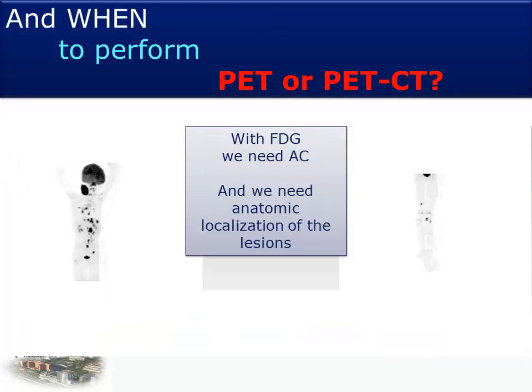Well, and what about the PET or the PET-CT? For FDG, we need the attenuation correction, and we also need to localize the anatomy of the lesions very well. For this reason, for the PET FDG, we need to perform a CT, as mentioned this morning, and this CT can be diagnostic or not diagnostic, and usually with a low dose, even if it is a diagnostic CT.